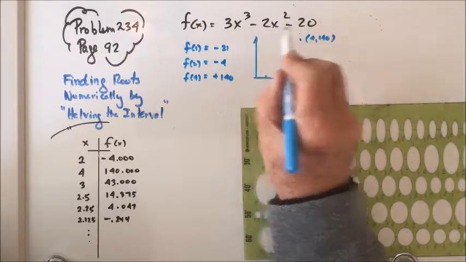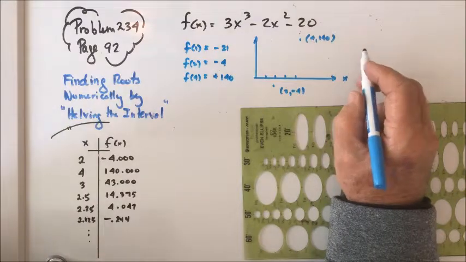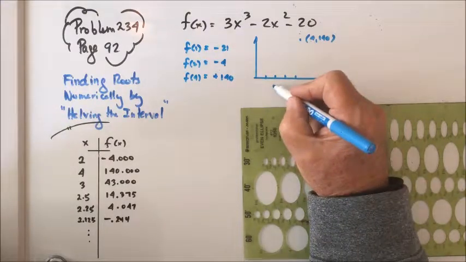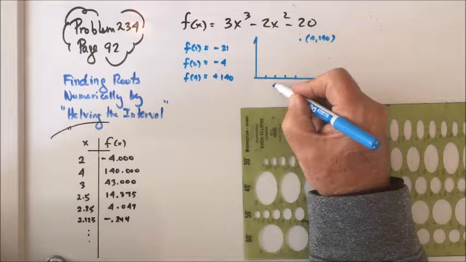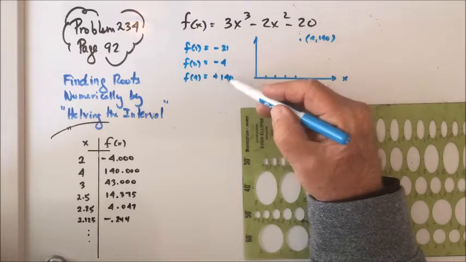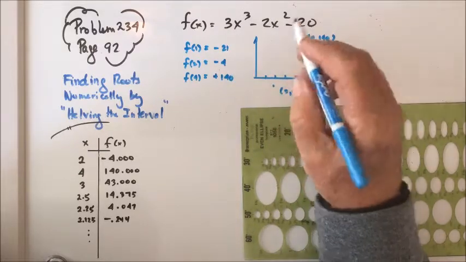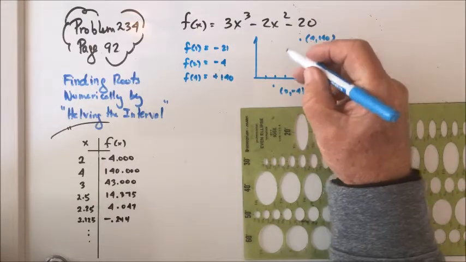So what you do at this point is you appeal to what's known as the intermediate value theorem, which says that if you have a continuous function defined on an interval a and b, in this case 2 and 4, then the function will take on all values between f of a and f of b.